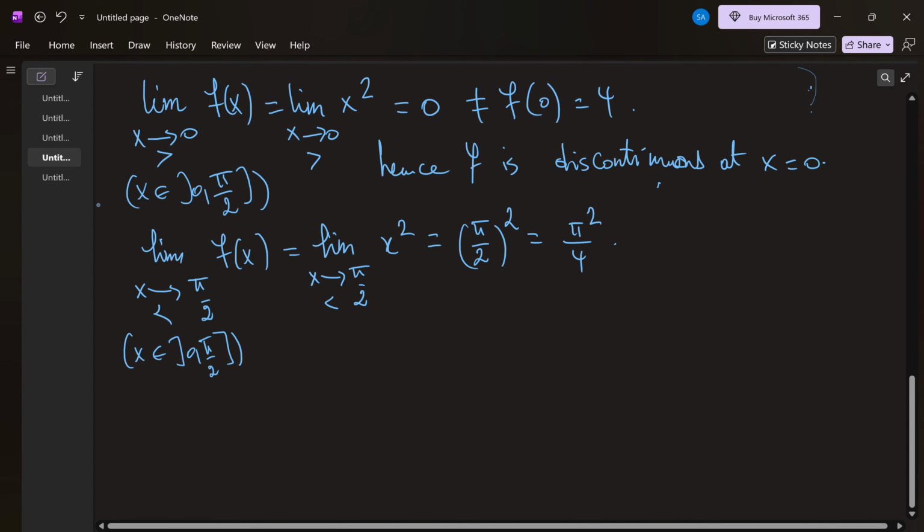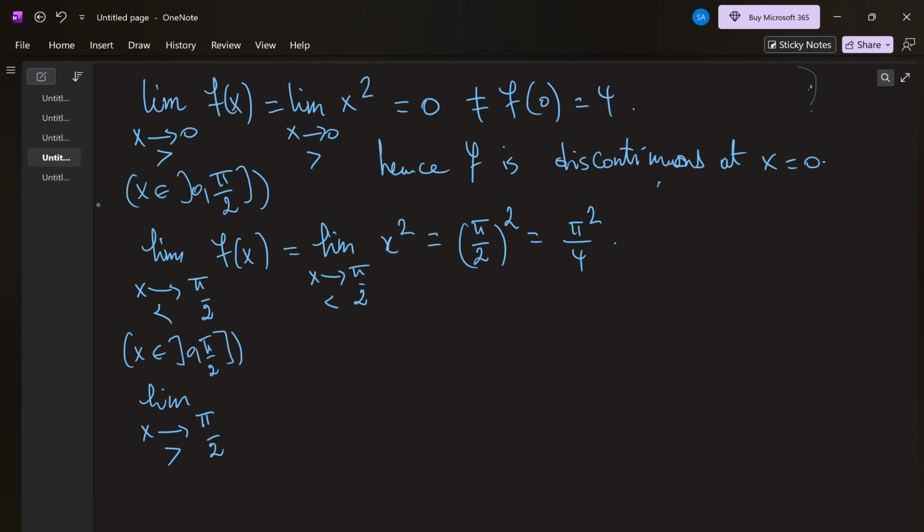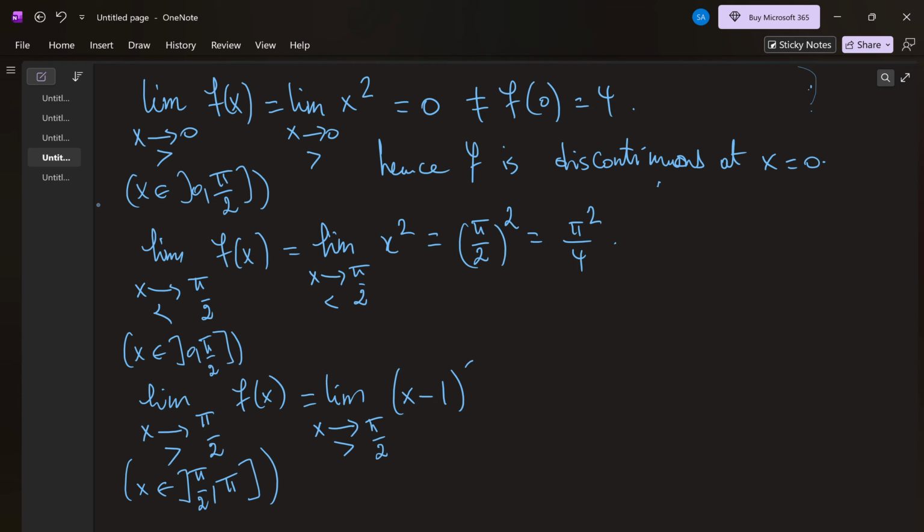Now next, the limit when x approaches π over 2 with bigger values of f of x, here x will be in the interval from π over 2 to π. So in this case the values of f of x will be x minus 1 all squared.